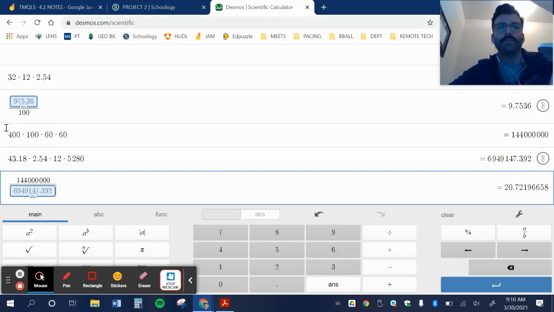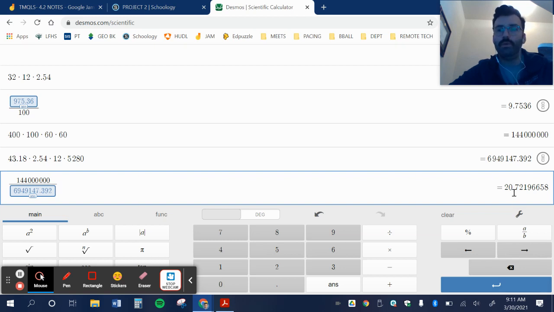All right, so looking at Desmos here, I did 400 times 100 times 60 times 60, and I got this number. The good thing about Desmos is it breaks apart your zeros, so you can tell it's 144 million. All right, so I entered that in, divided by, and I hit the answer key to use this number. It's not as nice.